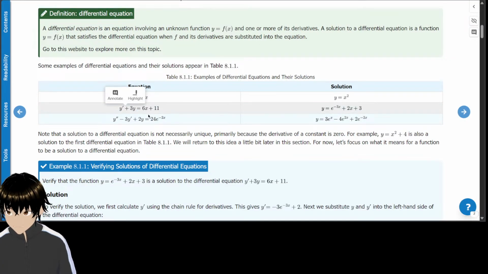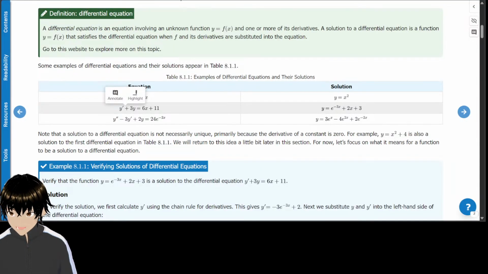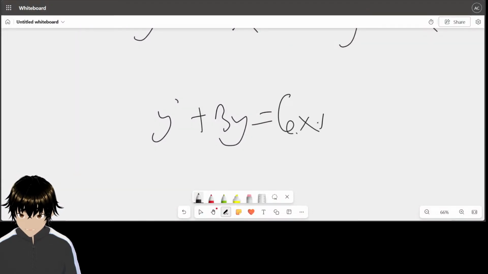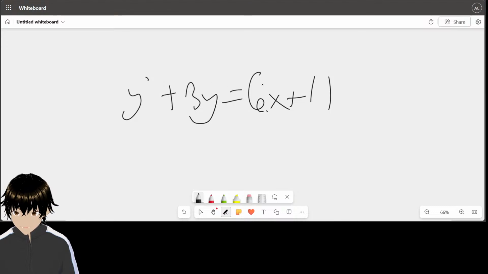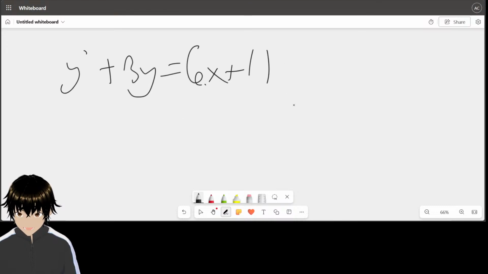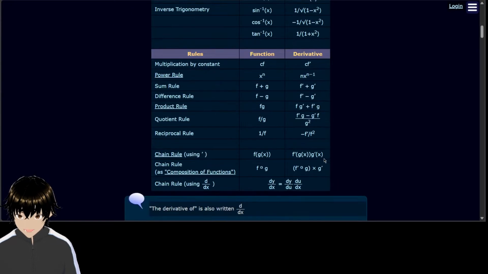So let's try this. Y prime plus 3y equals 6x plus 11. So we have this. In order to get the function from this, you just have to refer to one of these.